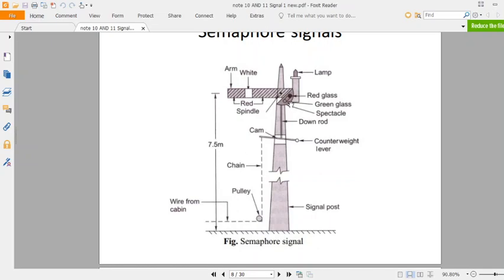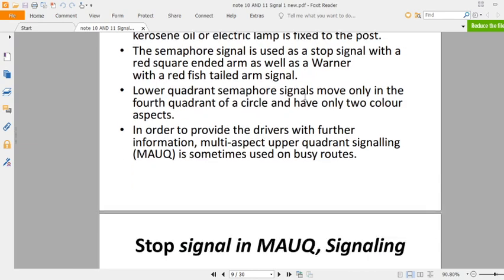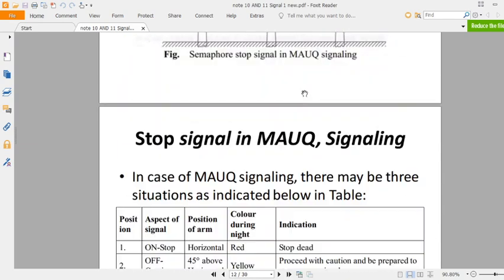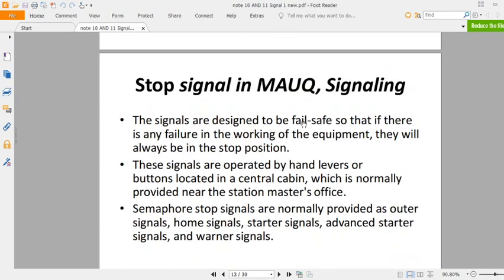Only when it is in the off position will it show the green light. If this instrument doesn't operate, it still indicates red. So we can say that this signal is fail safe: if there is any failure in the working of the equipment, they will always be in the stop position.